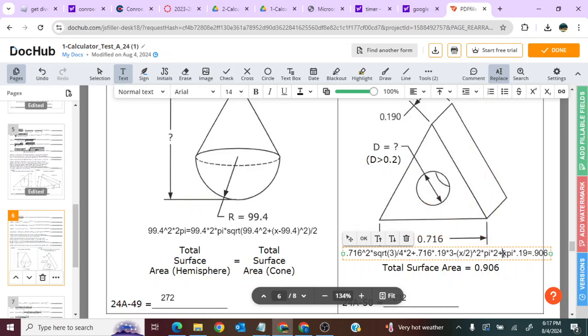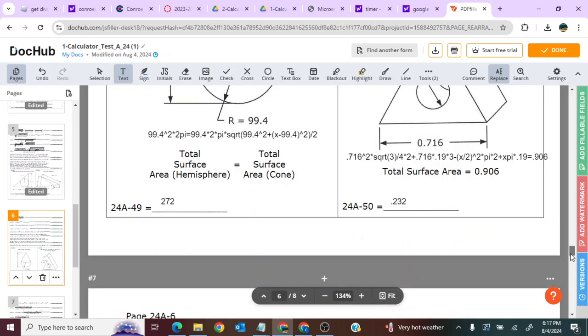So x pi times 0.19, and all of that is equal to 0.906. Solve for x, you might get a value of like 0.15, but since d has to be greater than 0.2, you should do a higher guess in EQ solver. And if you do that properly, you should get 2.32.